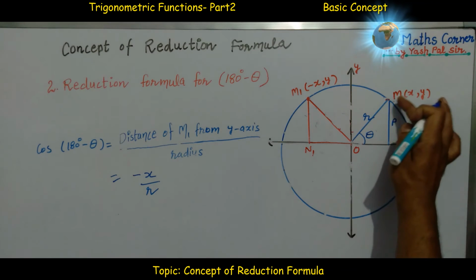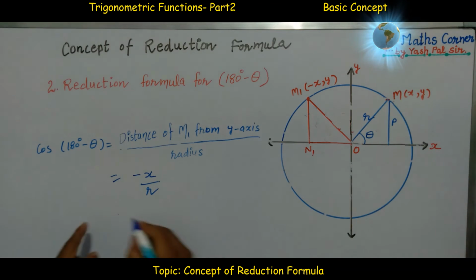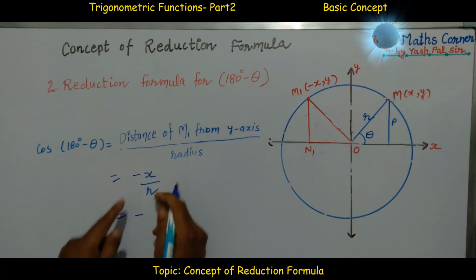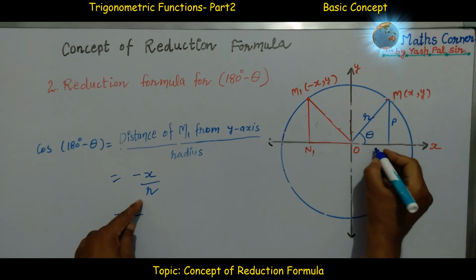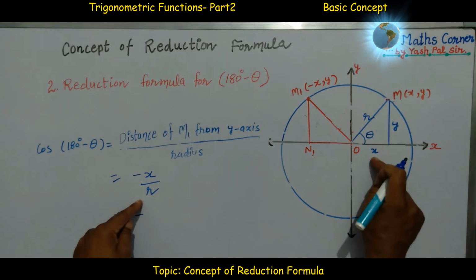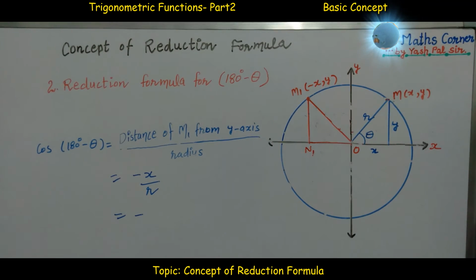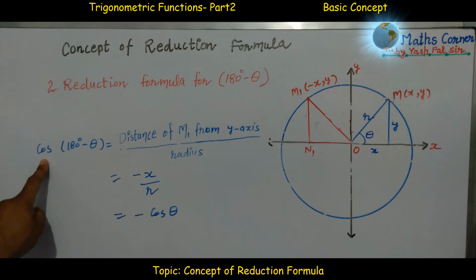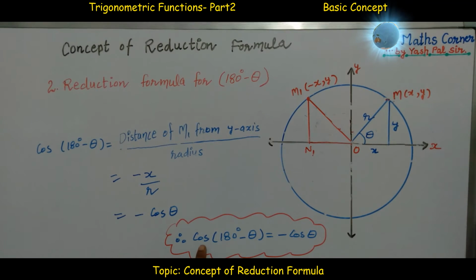Now from this triangle, minus as it is, x upon r, base upon hypotenuse is cos theta. So the conclusion is cos 180 degree minus theta is equal to minus cos theta.